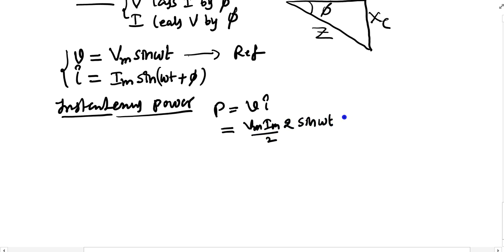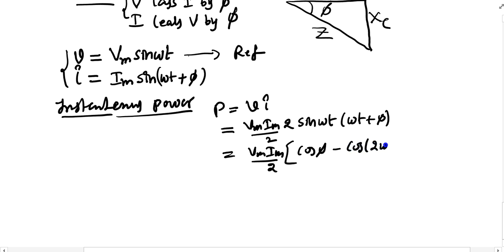So Vm Im by 2, cos phi minus cos(2 omega t plus phi). This is some trigonometrical formula, 2 sin A sin B equals cos(A minus B) minus cos(A plus B), some kind of formula we are applying here.